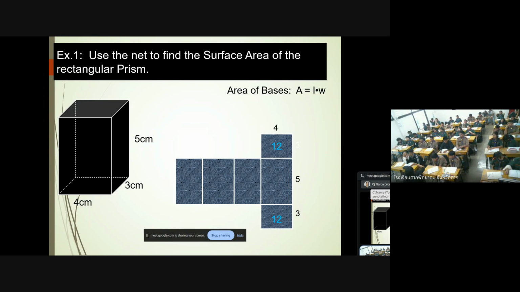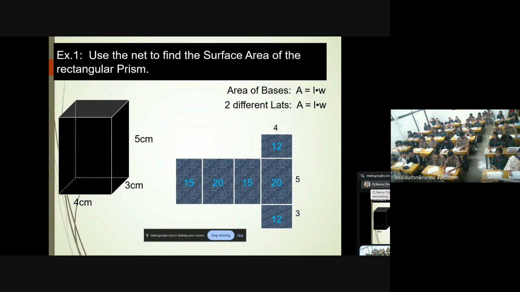Now, how about the lateral faces? Remember, the opposite sides are equal. Can you give me one lateral face measurement? What is the length and width of one lateral face? We have 3 and 5. Very good. And we have 4 and 5. So, 3 times 5 is 15. We have 2, right? Opposite is equal. And then 5 times 4, we have 20.